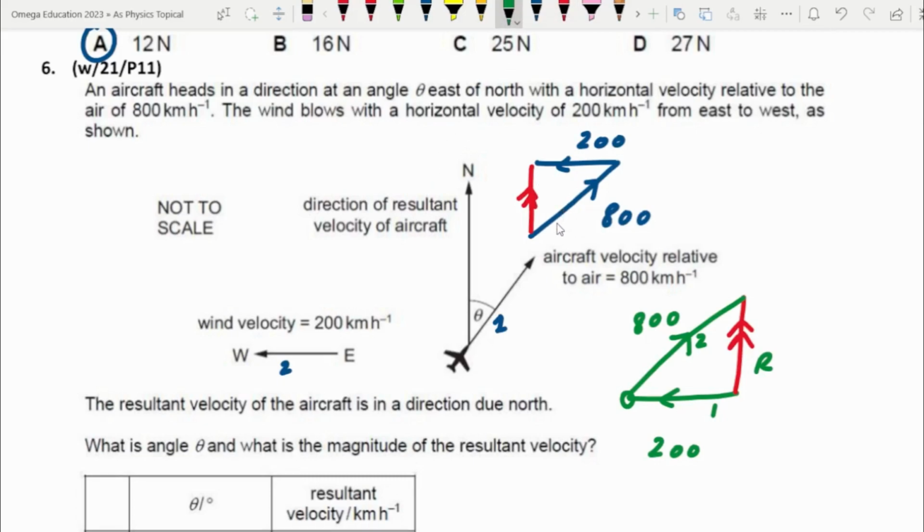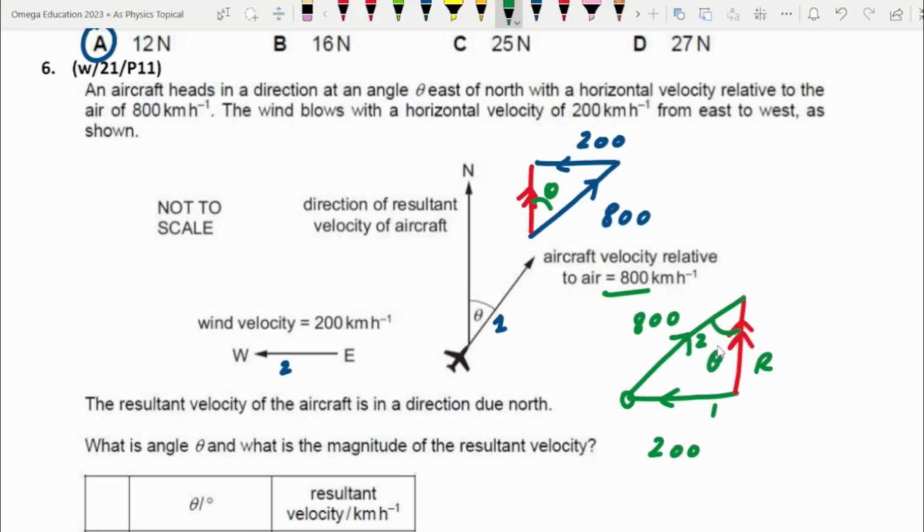And what we need to find is the magnitude of the resultant velocity and the angle theta. Okay, what is the angle theta? The angle theta is the angle of the 800 kilometer per hour vector with the north. So this angle you need to find. And if we take a look at the first diagram, we need to find this angle.